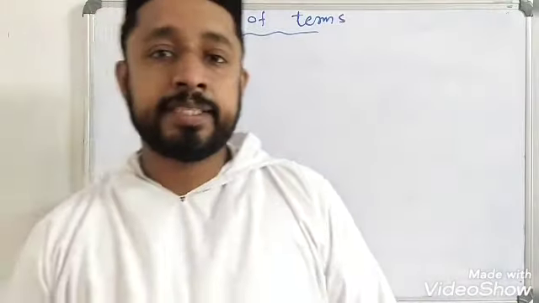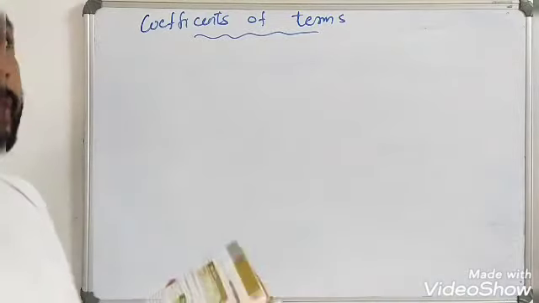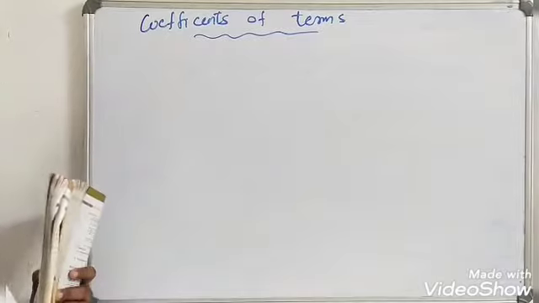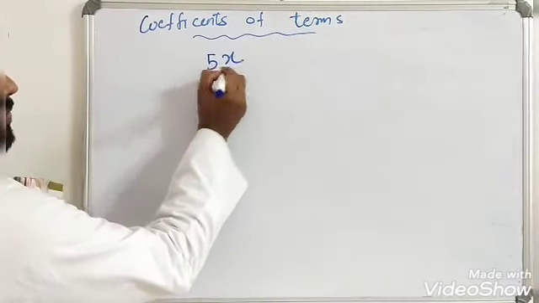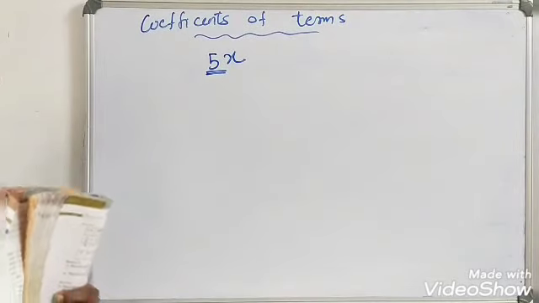Now let us discuss some examples of coefficients. We have studied numerical coefficients. Numerical coefficient means the number along with that term. For example, in 5x, 5 is along with x, so the coefficient of x is 5.